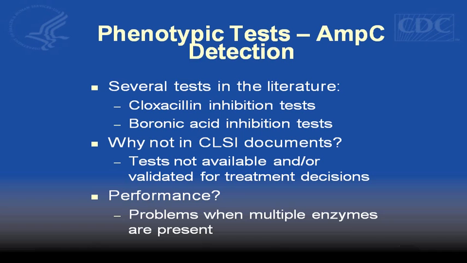And also, many of these tests have not undergone sufficient validation. And it's not that these validation studies haven't occurred, but usually they run into problems, and they run into the same problems as the ESBL test. When you have isolates with multiple enzymes, you get false negative results.